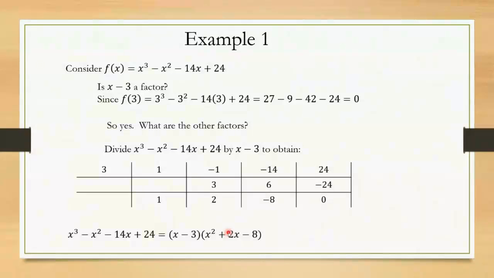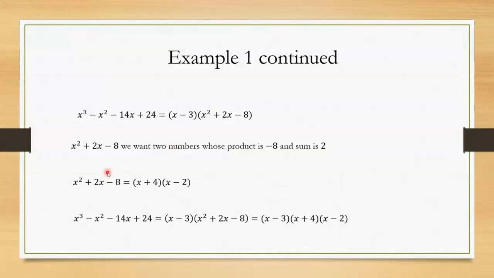Okay, now, if we want to get the other factors, we would have to somehow factor this thing. Although this is a lot easier, right? It's a trinomial of degree 2, leading coefficient 1. And I actually go into factoring this. Remember, you want 2 numbers whose product is negative 8, but the sum is 2.